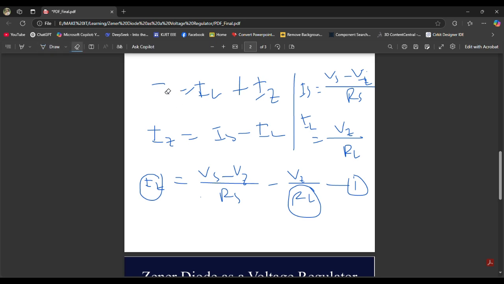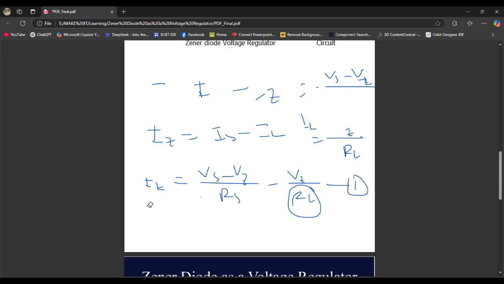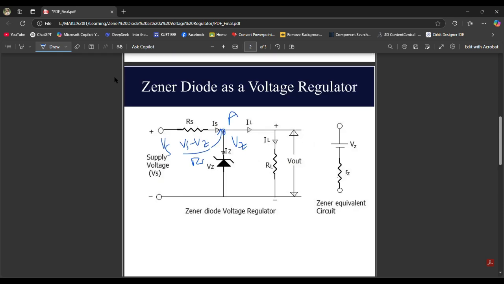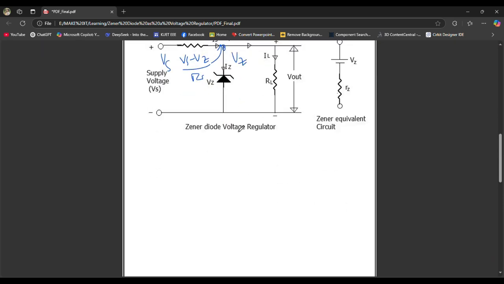In the first case we have seen how we can keep the output voltage constant, keeping the input voltage constant and varying the load resistance. So in our next case, it will be the change in the supply voltage, maintaining the constant output voltage, and we will keep the load resistance constant.